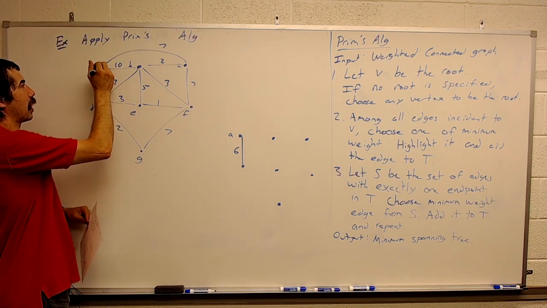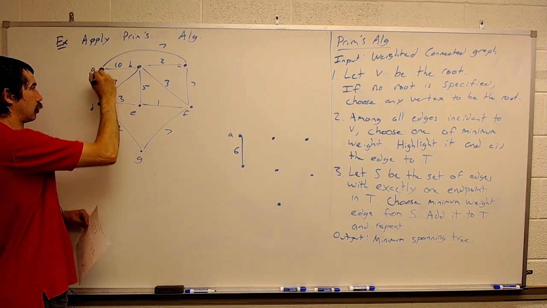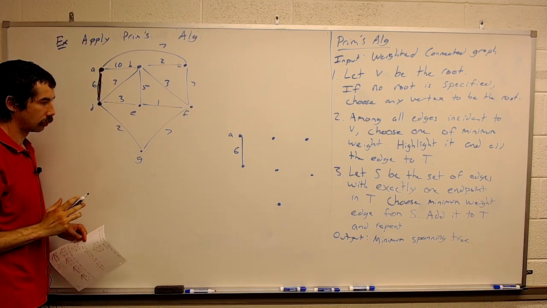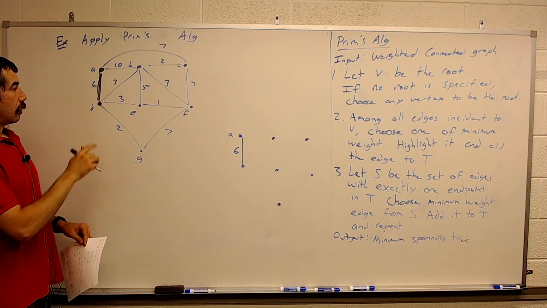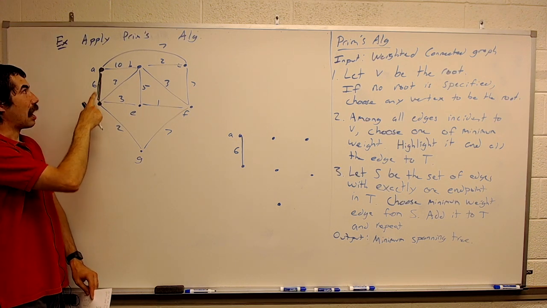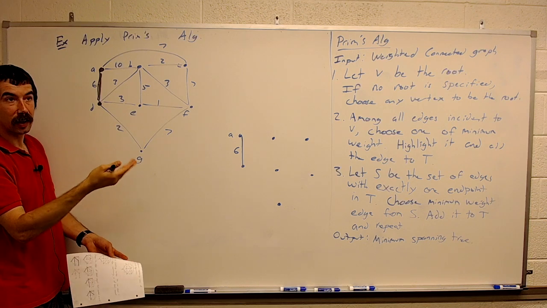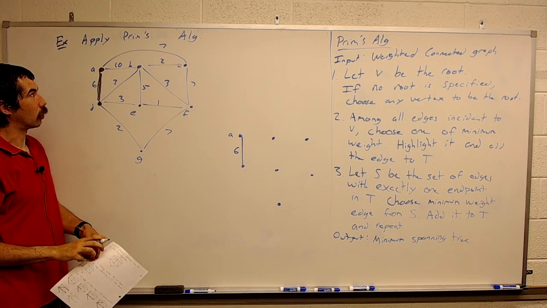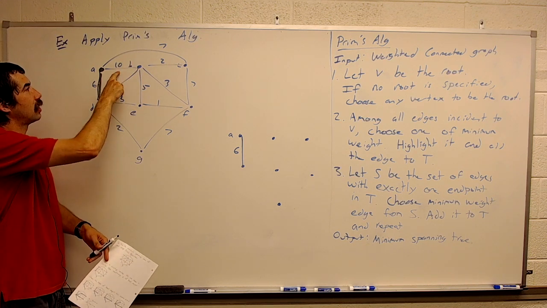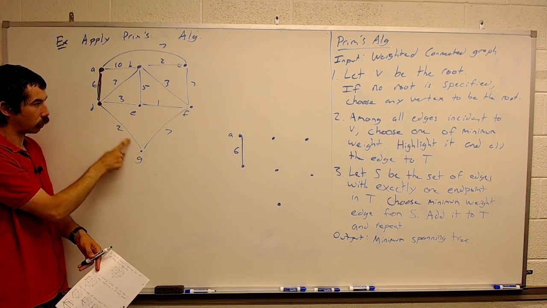So here we have A is highlighted. Okay? Now, out of all of the edges out of either A or D that don't have both of their endpoints in the tree, we need to find the shortest. So we have 7, 10, 3, 3, and 2. This is our shortest.